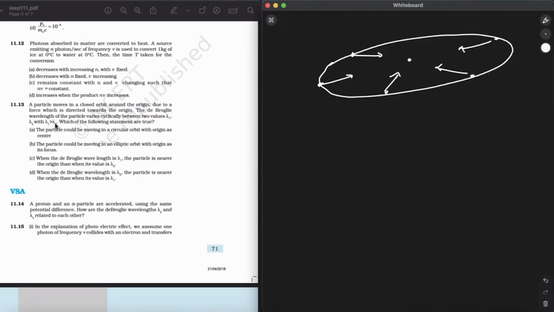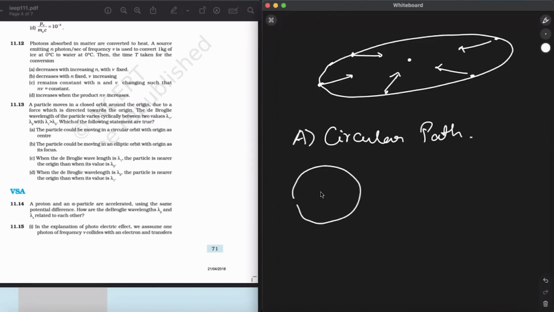Since lambda 1 and lambda 2 are different, see, let me tell you for a circular path, case 1. A circular path is like this. At every point, the distance from the center to the circumference is constant and is equal to r. So velocity is also the same at every point.